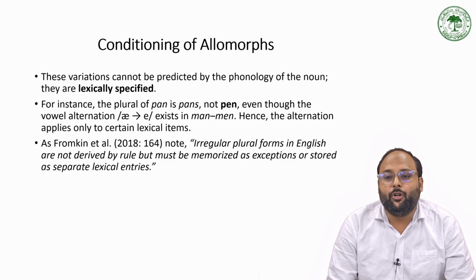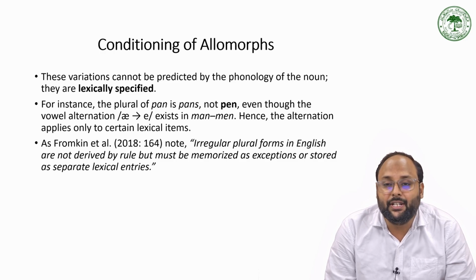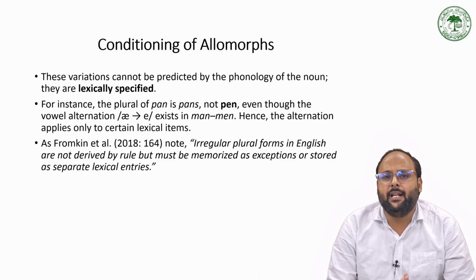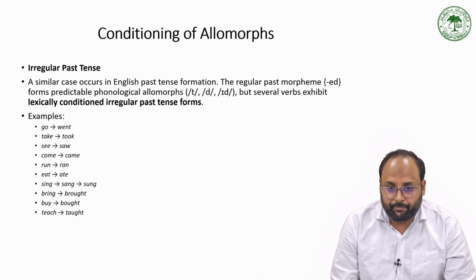Irregular plural forms in English are not derived by rule but must be memorized as exceptions or stored as separate lexical entries. So these irregular plural forms in the language are not governed by any rule. They are just memorized or stored as a separate entity in our mind. That's why we call it morphological conditions.